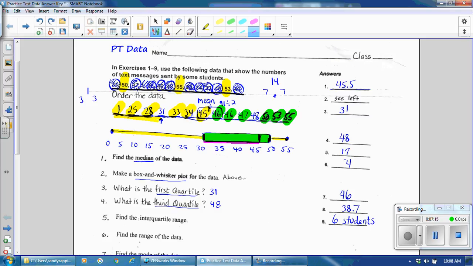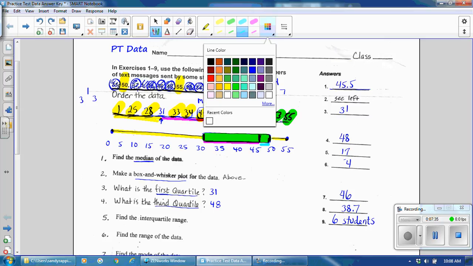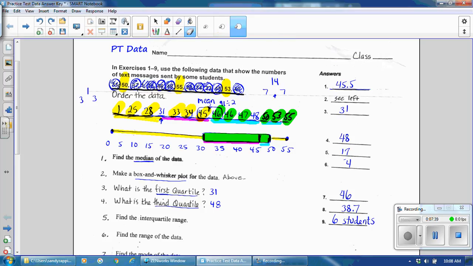That's 31 to 45. That's 25% of the data. Then we have 25% of the data, although it doesn't look like 25%, between 46 and 48. Here you can see it's 25% of the data. And then 25% of the data right here.